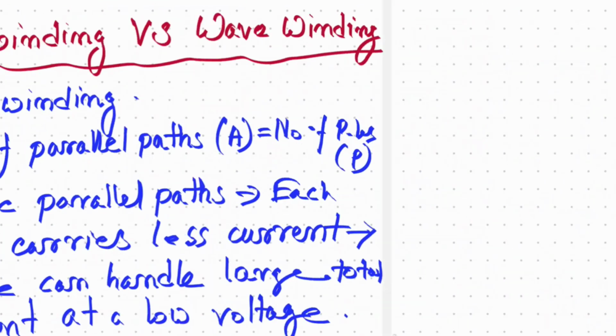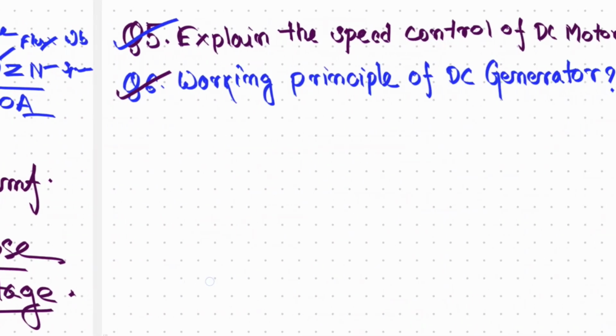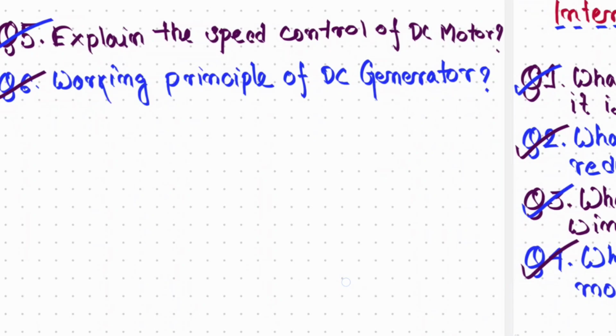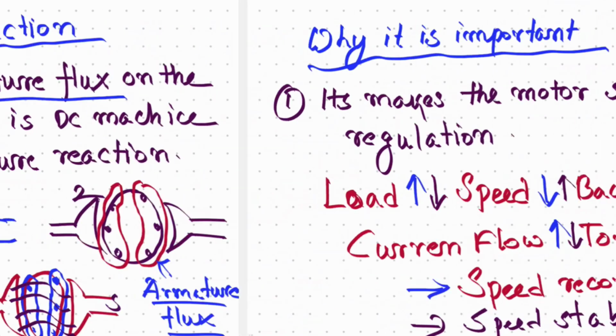Okay, next, moving forward. In the next question, we'll see the speed control of a DC motor. Now what is speed control? Why is speed control necessary? By which methods can we control the speed of a DC motor?